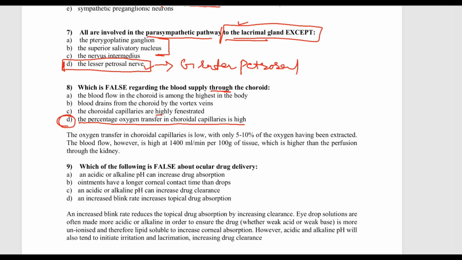The oxygen transfer in the choroidal capillaries is low, with only 5 to 10% of the oxygen. The oxygen transfer is low while the blood flow is high in the choroid. Remember these two differences. The blood flow, however, is high at 1400 milliliters per minute. Remember this, it can be asked in the MCQ as well, which is higher than the perfusion through the kidney.